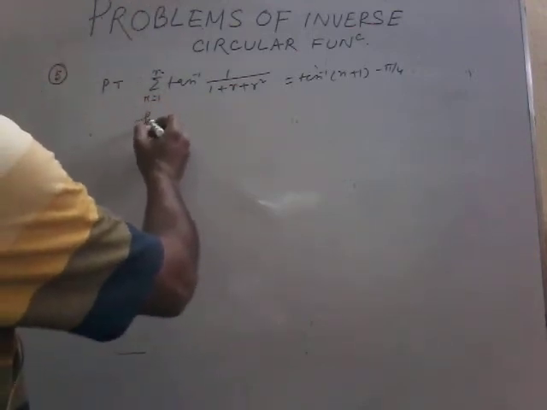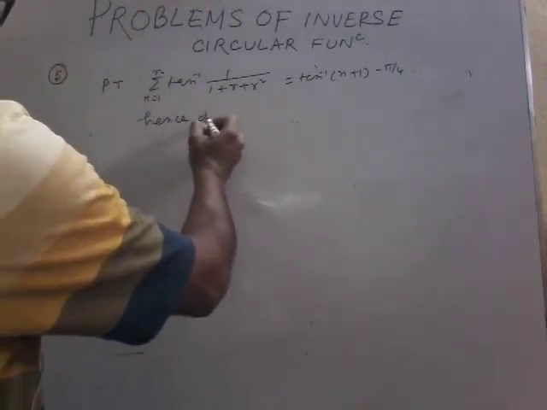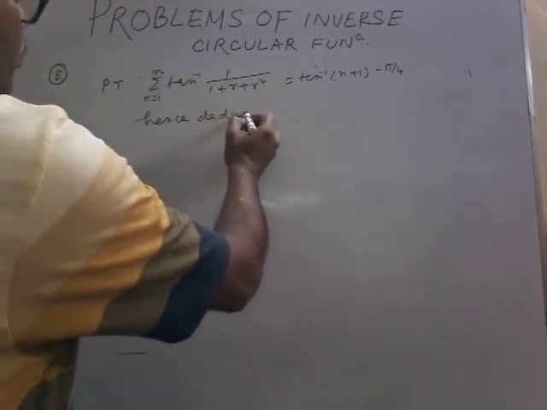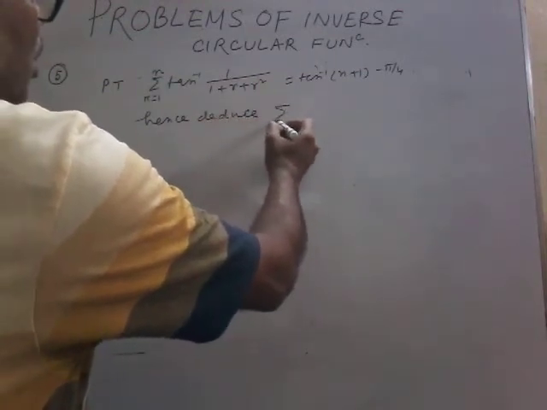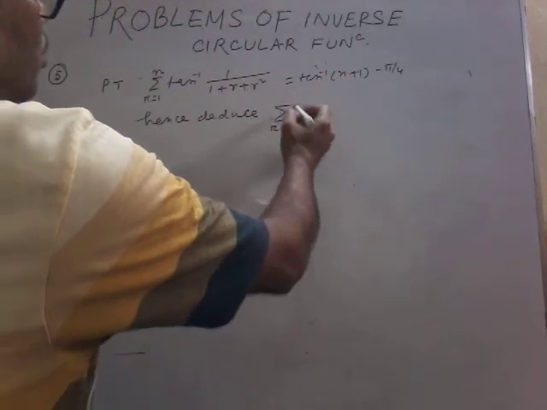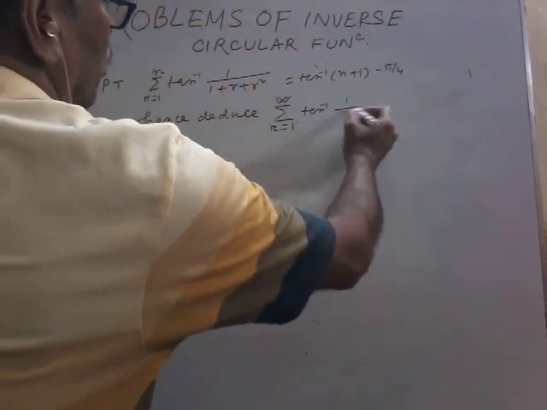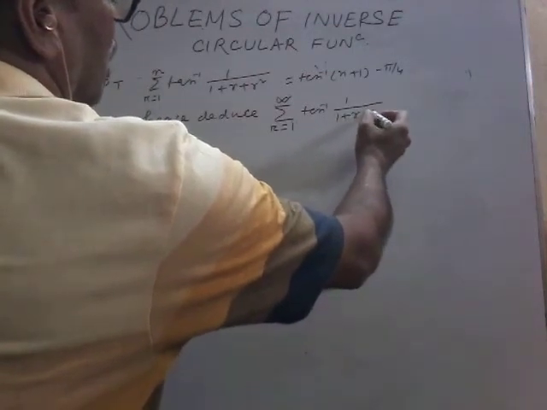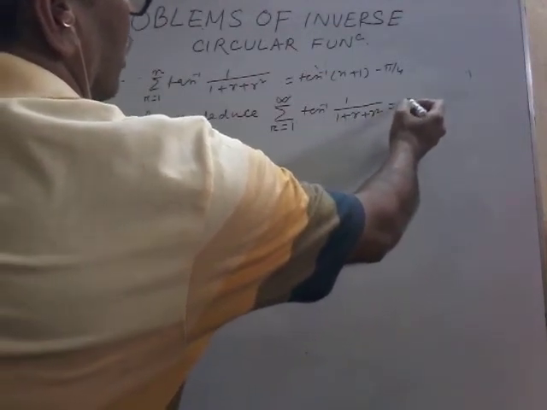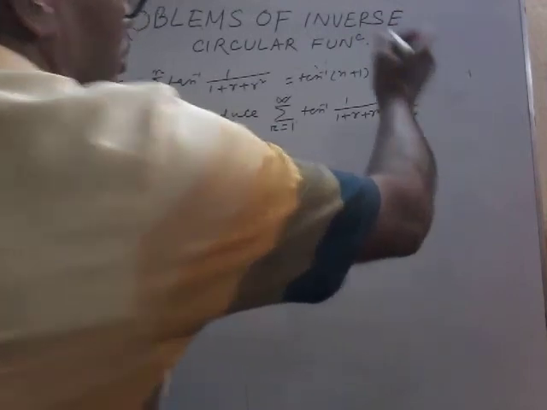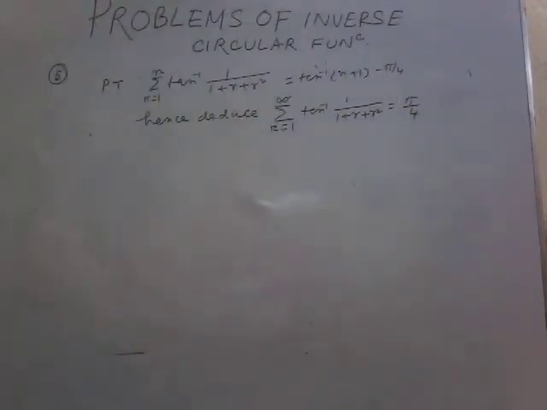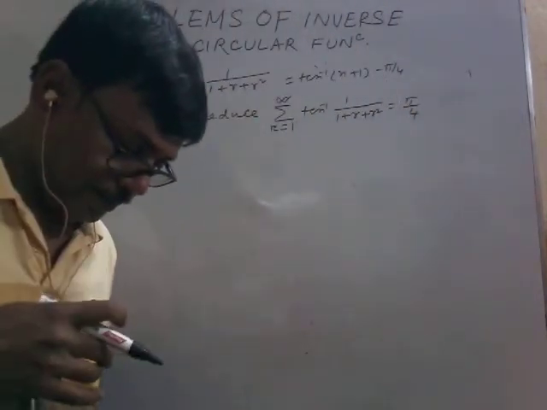Hence deduce r equals 1 to infinity tan inverse 1 by 1 plus r square equals pi by 4.